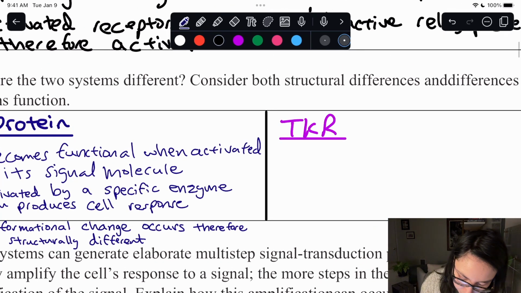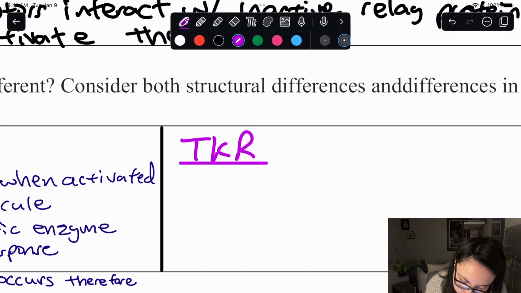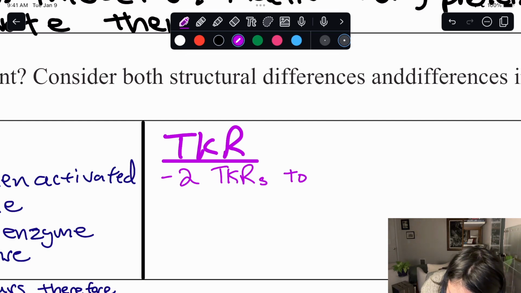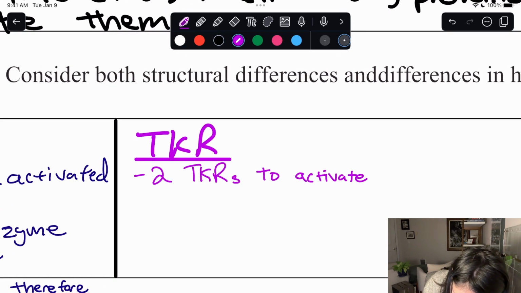Anyway, moving on into the tyrosine kinase system. Tyrosine kinase receptors. You need two of these TKRs to activate, and then you also are going to need, they're just not membrane bound compared to your G proteins.